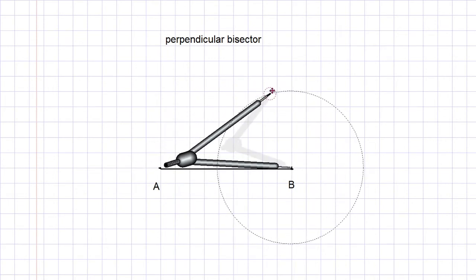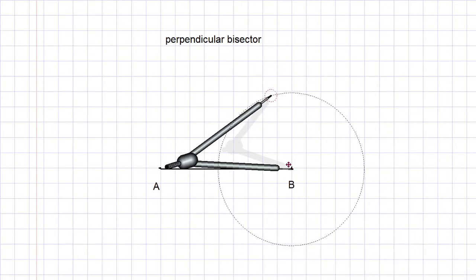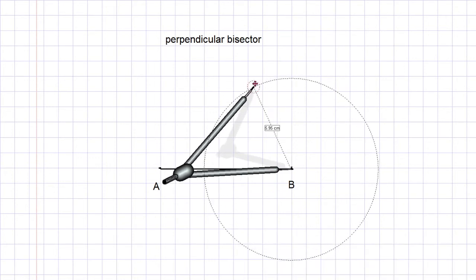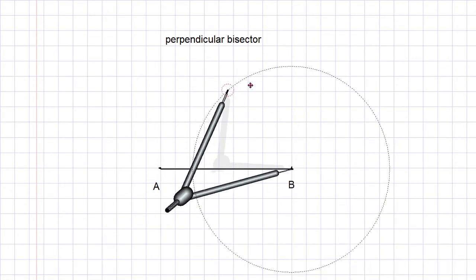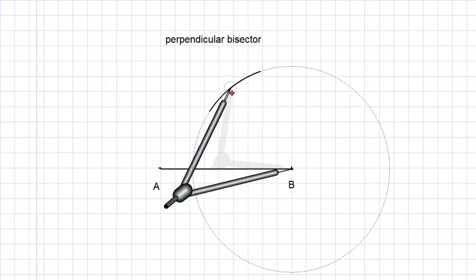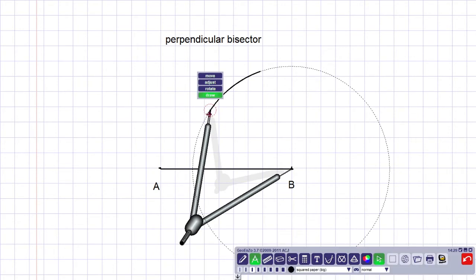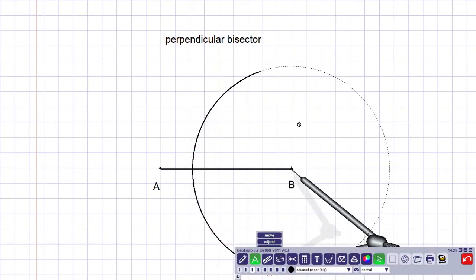Place the compass on this vertex. On the vertex B, place the compass, adjust the compass and draw one arc. Let's draw up to here. Draw an arc.